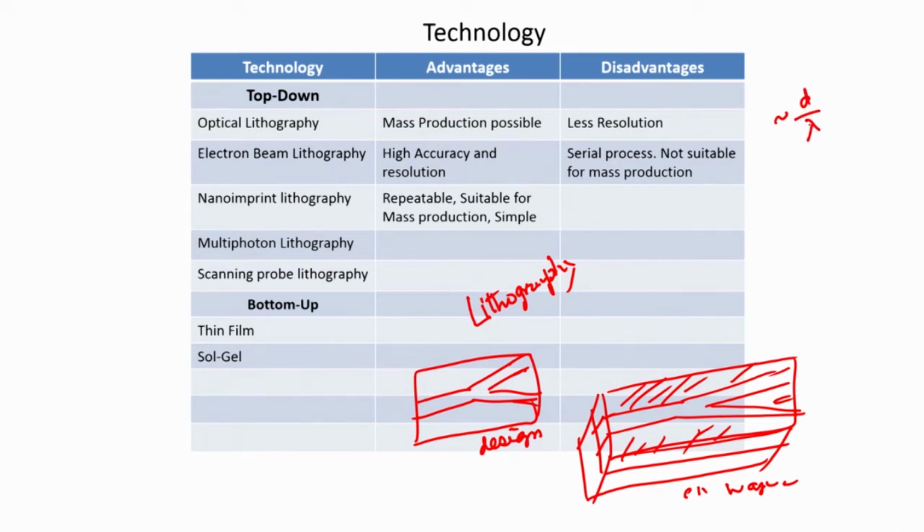So, similarly we can use electron beams as a lithographic tool, and the process is called electron beam lithography. Instead of using light waves, you use electron beams, and you can find out the energies of the electron beams and their operating wavelengths, the wavelength of the electron.